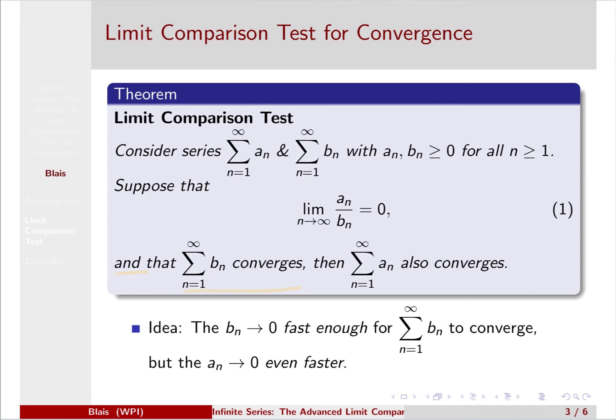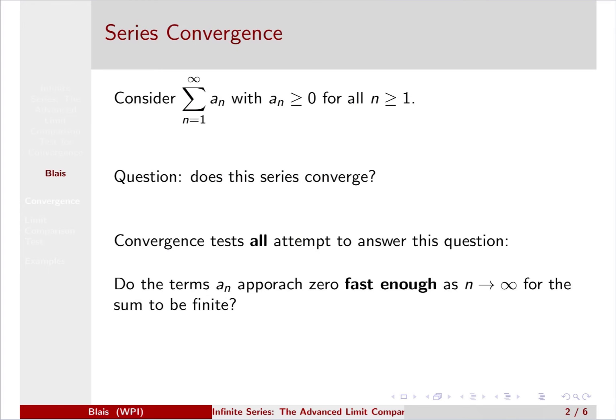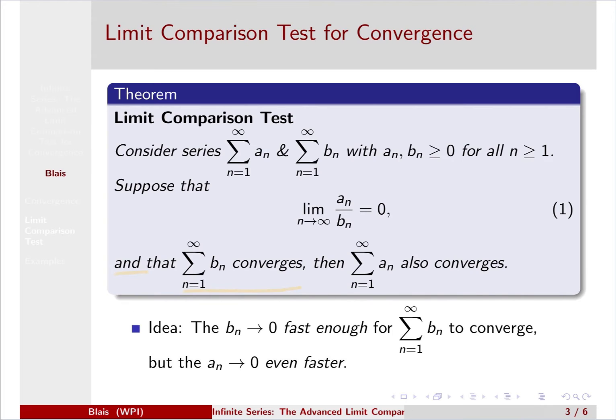And we can really interpret this naturally when we think about this fundamental question. For a series to converge, the terms of the series have to approach 0 at a fast enough rate.